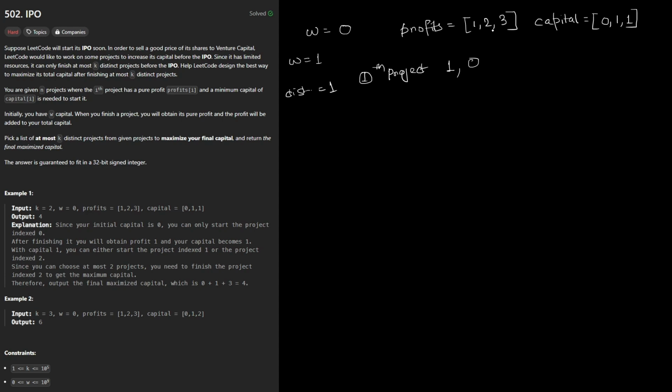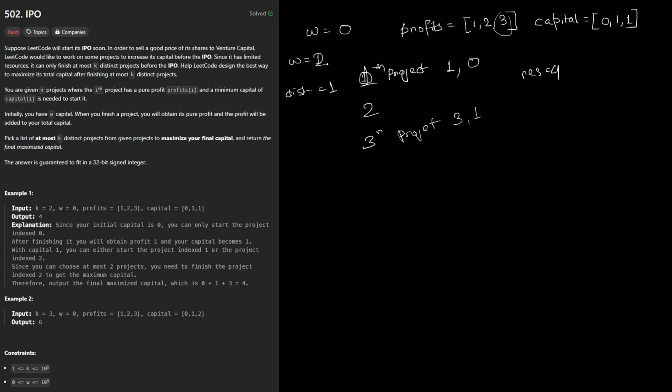But here I have to maximize the profit, so I can skip the second project and take the third project, which would have a profit of 3 and capital requirement 1. If I add both of them, my result is going to be 4, and my working capital would become 2.